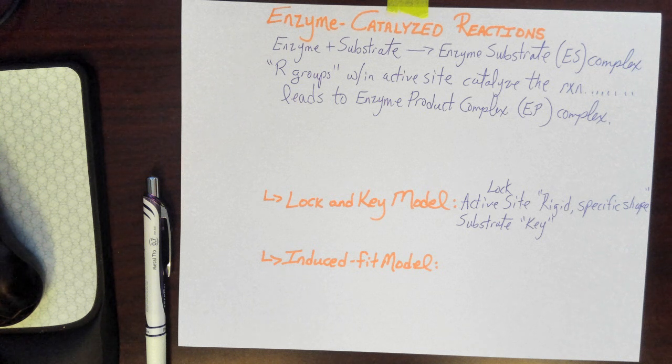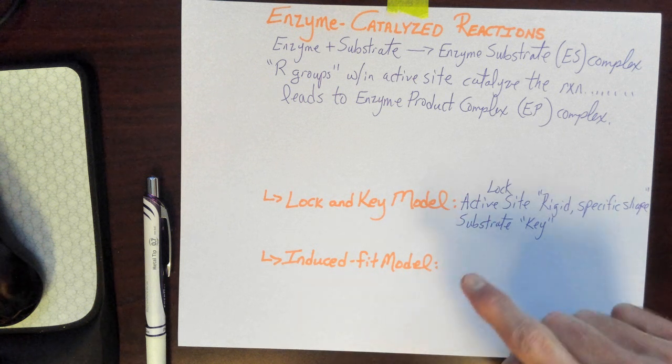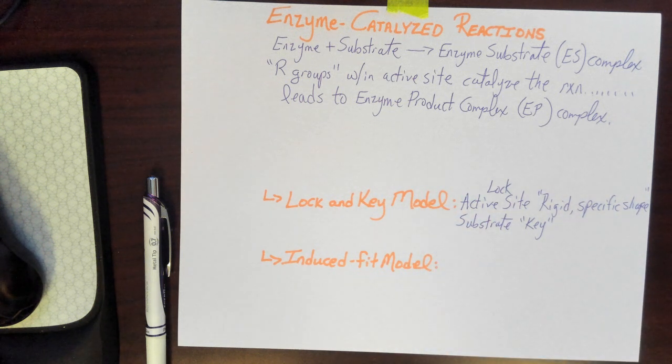So the active site then has an ability to slightly adjust or morph its shape, its size, so that the substrate can fit in. It's, what's the word I'm looking for? Moldable. Okay, it's moldable. So that's one downfall or one shortcoming of the lock and key model.